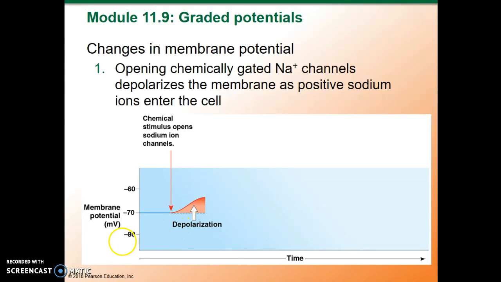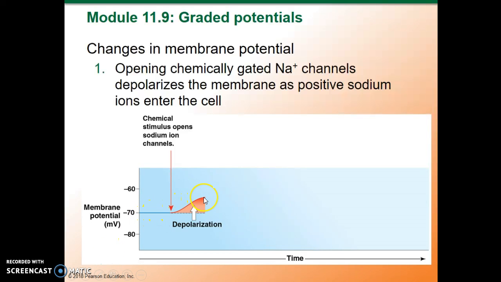So we'll look at what happens to the membrane potential with each of these, with the chemically gated channels and potassium gated channels. So here we have a chemical stimulus opens the sodium ion channels, and the membrane is depolarized slightly. It becomes less negative.